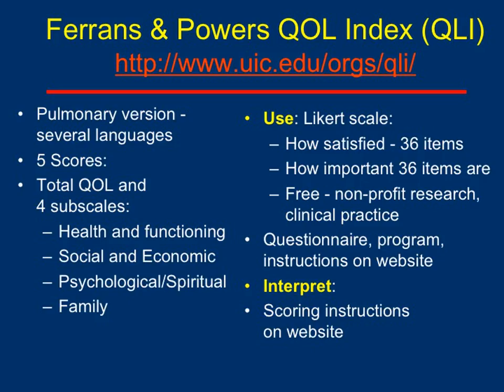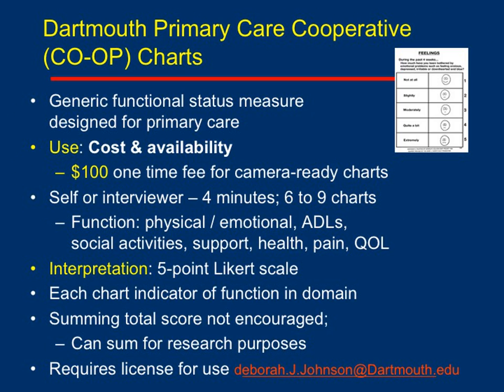Patients are asked how satisfied they are with 36 items and how important those items are. It's free to persons performing nonprofit research and clinical practice, and all are available on the website. There are scoring instructions available on the website as well. Slide, please.